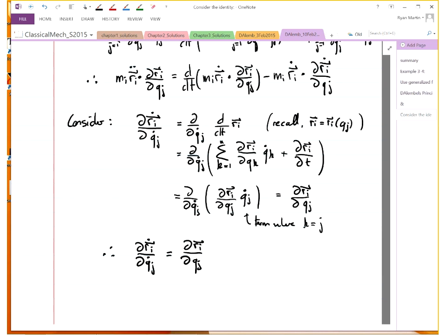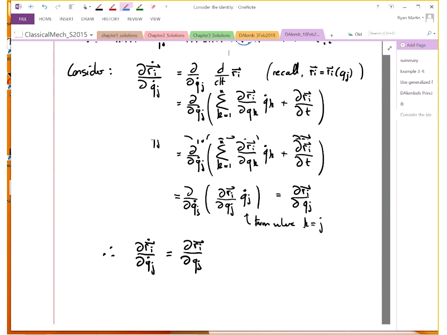So we want this. Let's make this blue. We want to put it where I circled in blue. So we want to change that term to have ∂ṙ_i/∂q̇_j.